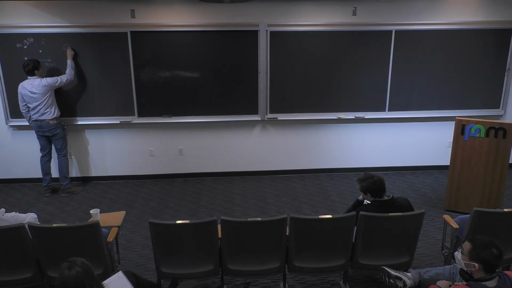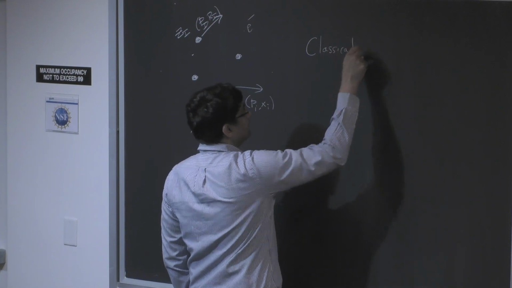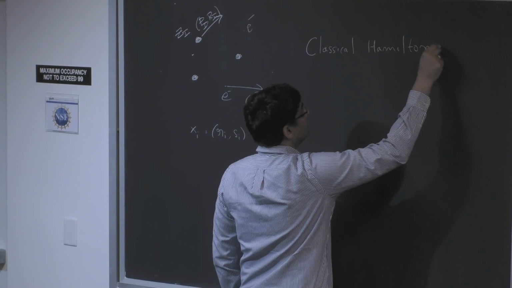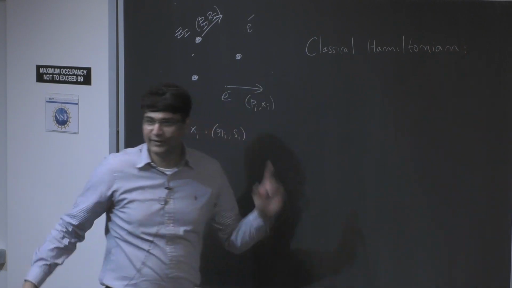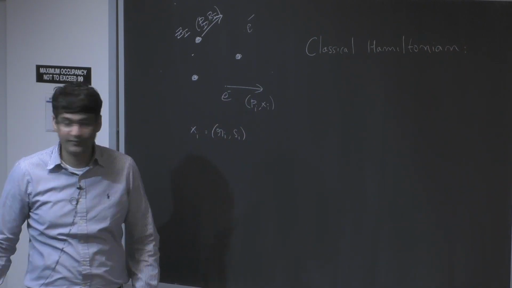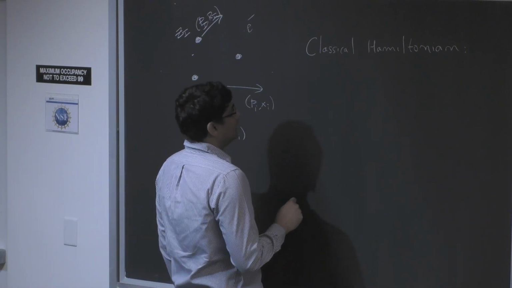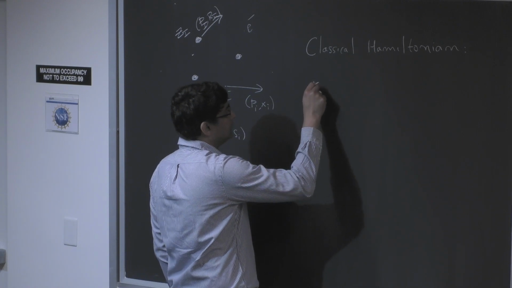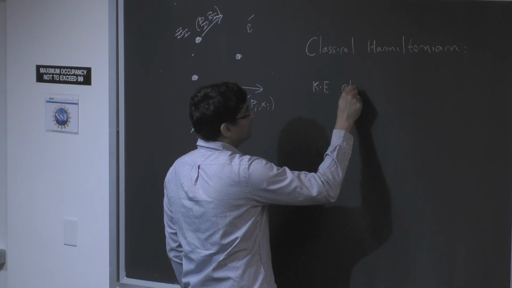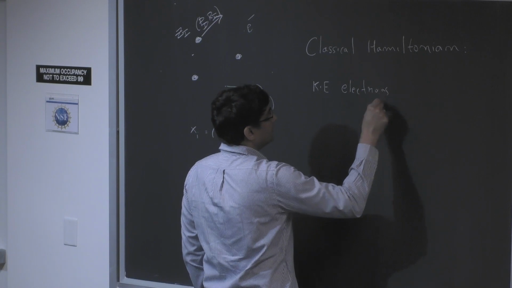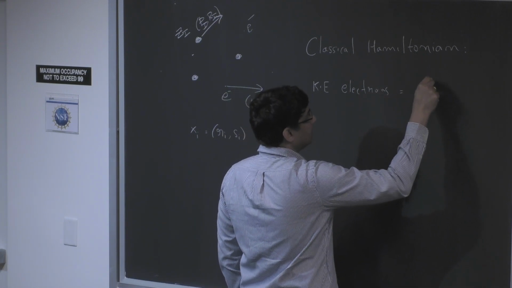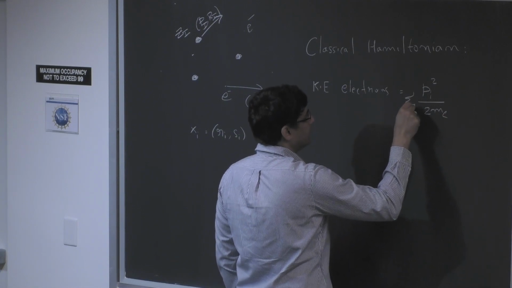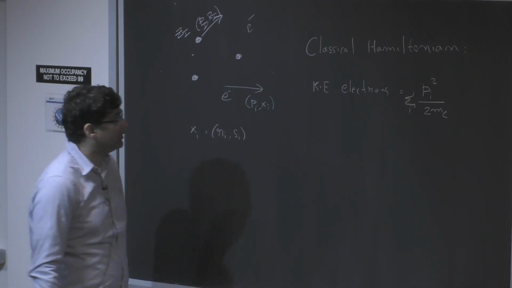Once we have this condensed matter system, if I were to write down what the classical Hamiltonian for the system is going to be, is it legible for those at the back? Okay, great. So we have the kinetic energy of electrons to begin with, which is p_i squared over 2 m_e, so we have a sum over all the electrons.